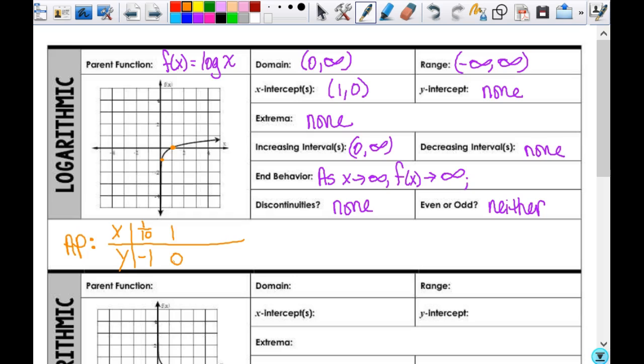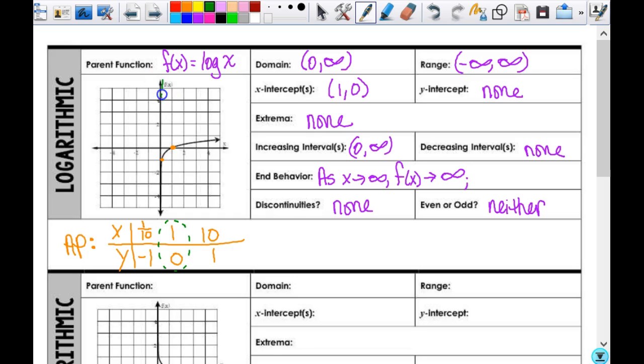And then when x is 10, this is 1. If the base changes, then these two things change. This does not.